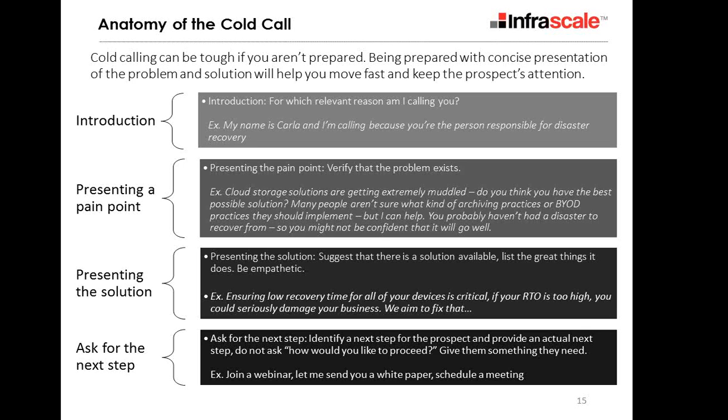So what you would likely want to do is provide them something that they need for that next step. A couple of examples on this page, like you see, join a webinar, send a white paper, schedule a follow-up meeting. Based on what comes of that call, you want to be sure that you take control and ask for the next step for what they need.